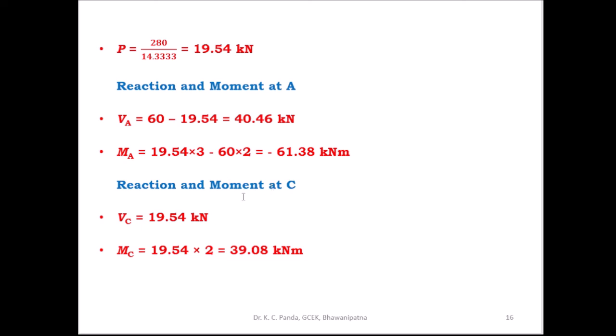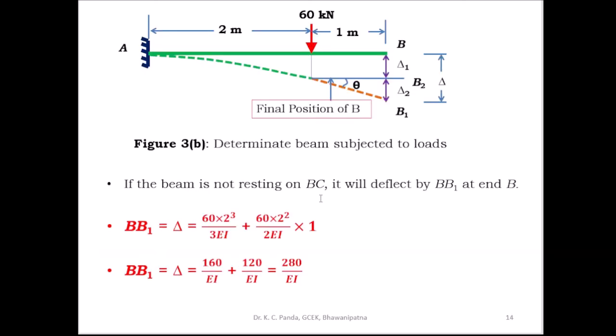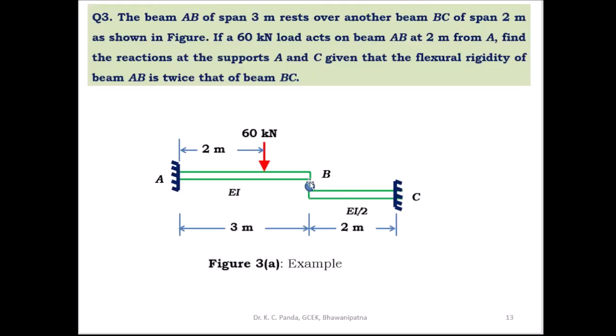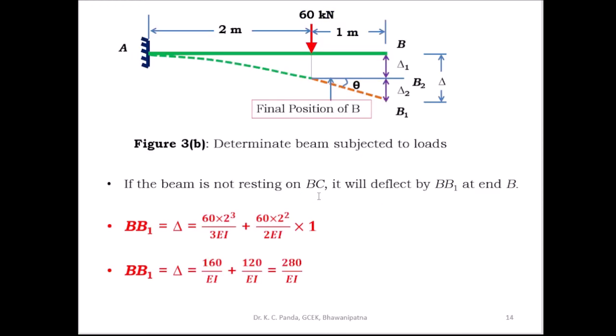Similarly, you can find out the reaction and moment at C. Here the force P is 19.54 kilonewton downward. The same reaction you get at C. VC is equal to 19.54 kilonewton.